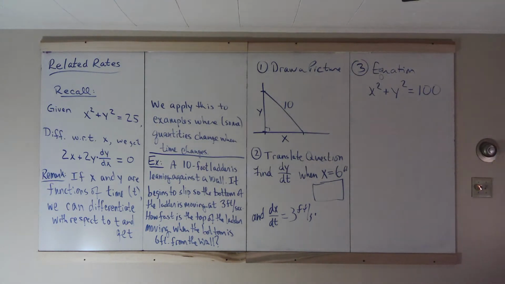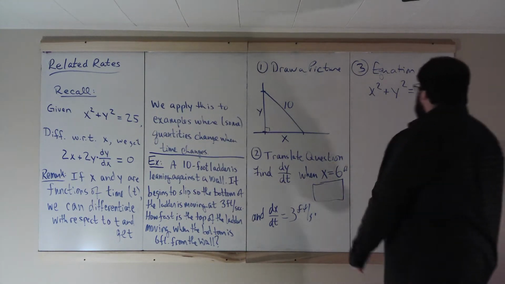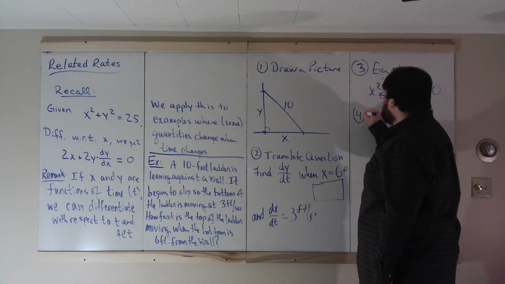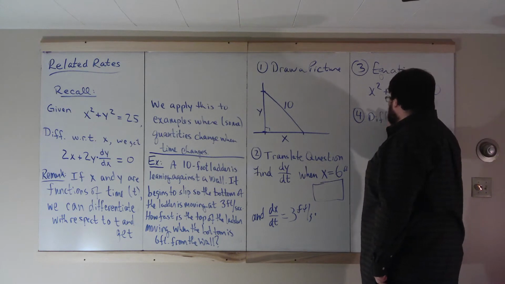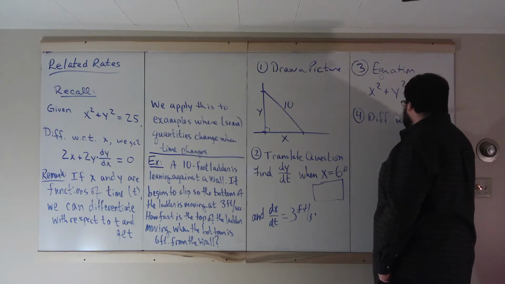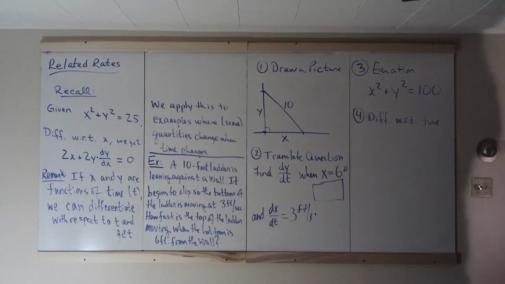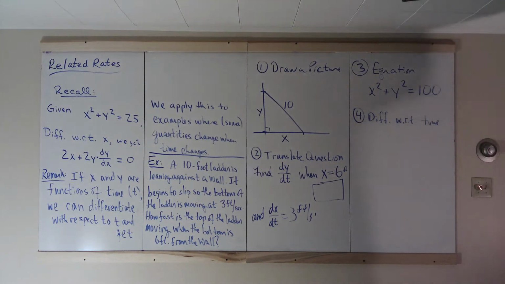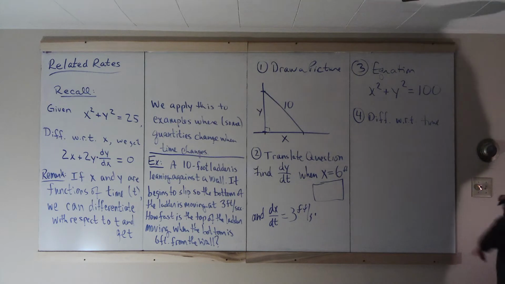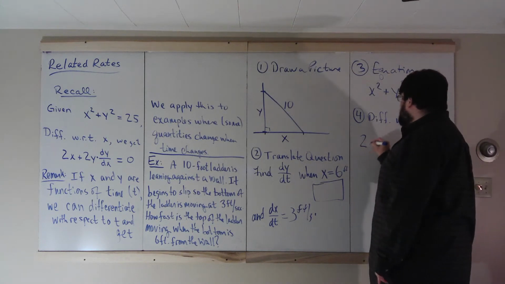And what did I call the fourth step? Oh. And the fourth step will be differentiate with respect to time. Well, x and y are changing as time is changing, so they are functions of time.